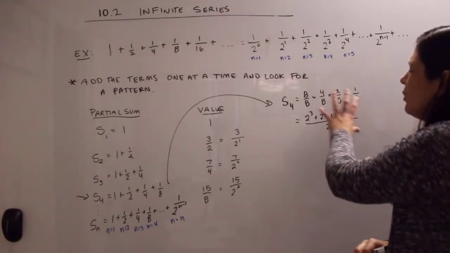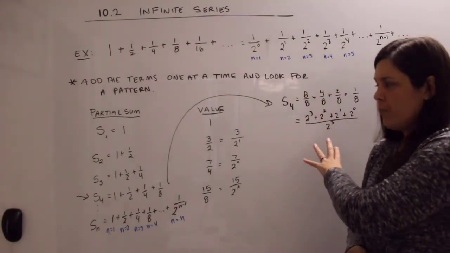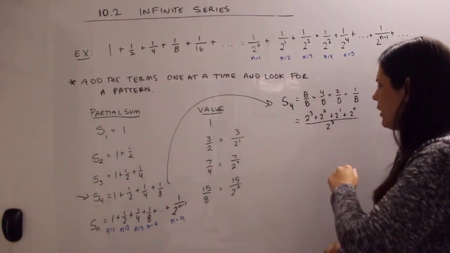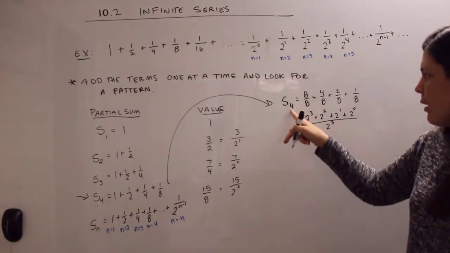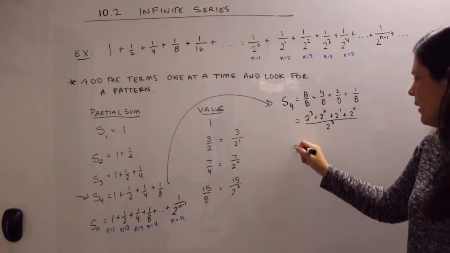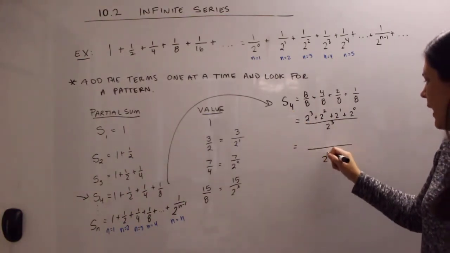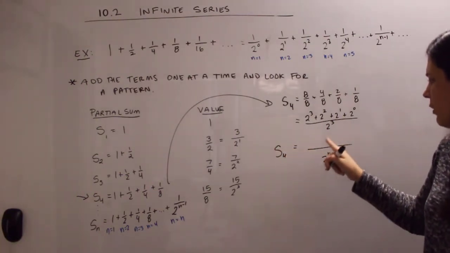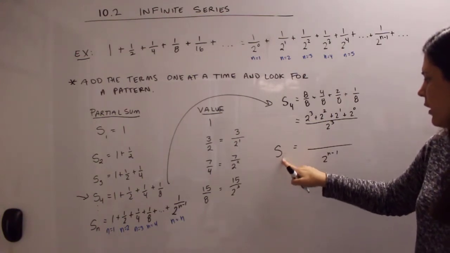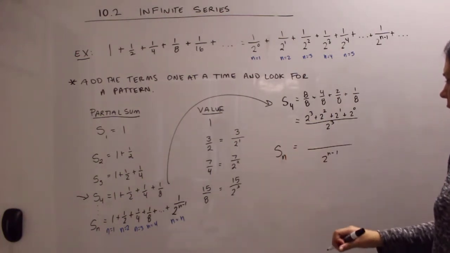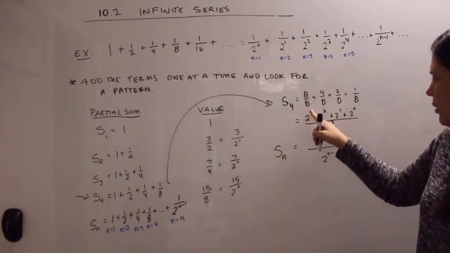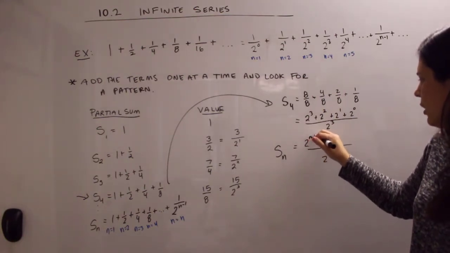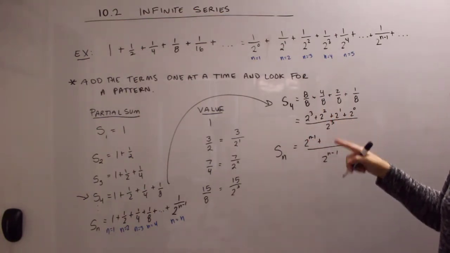So I could generalize this version of my partial sum, and I could use n's here. Remember, n was 4 here. So I could say something like, okay, this is 2 to the n minus 1, since n was 4. Remember that was a 4, so 1 less. So I could generalize this and say, that's 2 to the n minus 1. 3 is also n minus 1. But then I would have to start saying something like this.